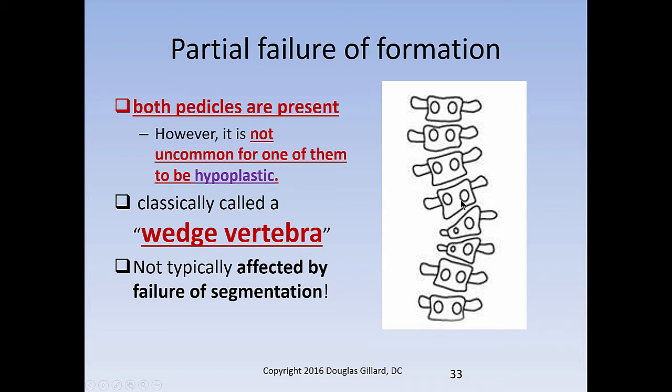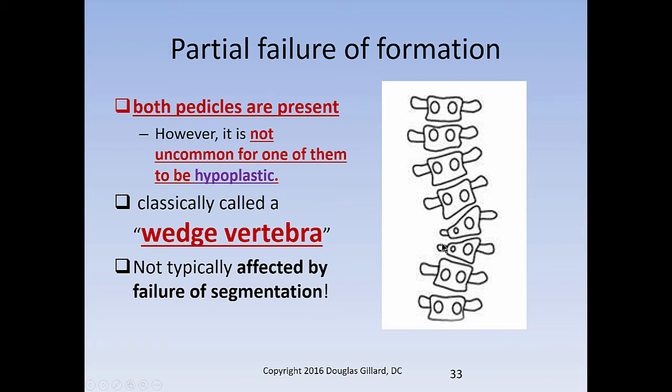So here's three hemivertebra, boom, boom, boom, causing a scoliotic curve here. And this is classically called a wedge or wedged vertebra. And you don't use that extra failure of segmentation.